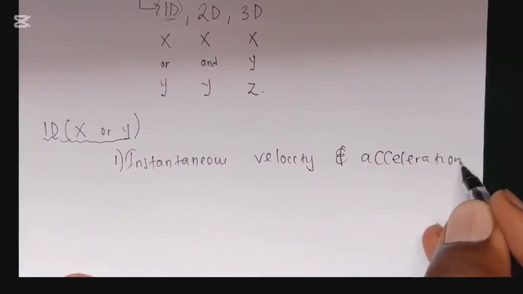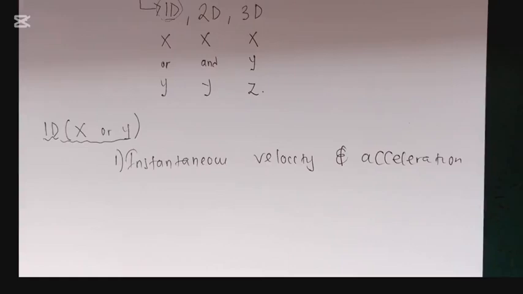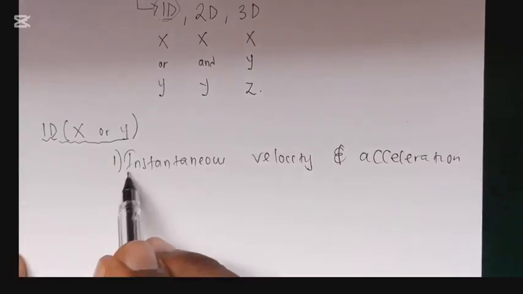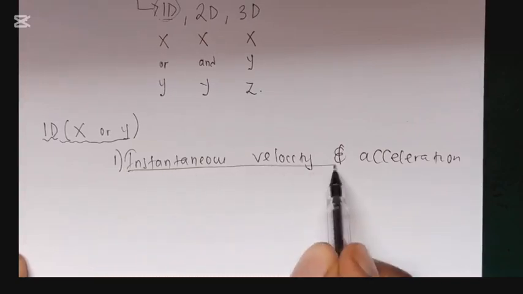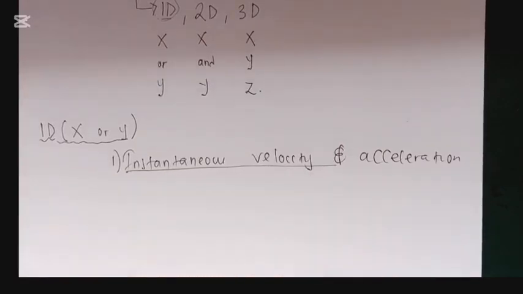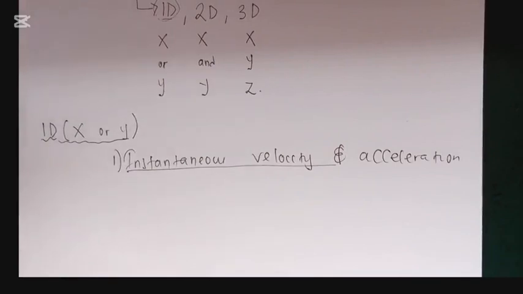So you should know how to define these two terms in addition to the other terms that you did in grade 12. So how do you define instantaneous velocity? From the word, instantaneous velocity refers to the velocity of a particle at a particular instant.